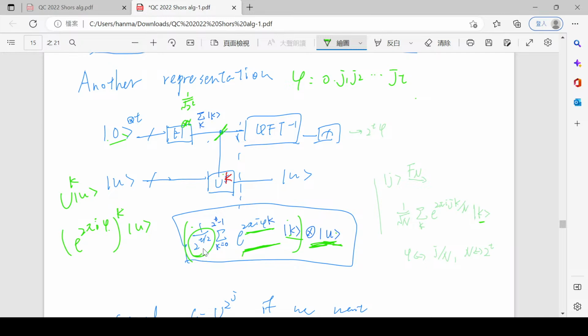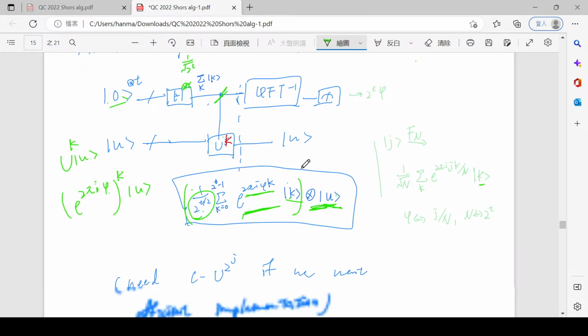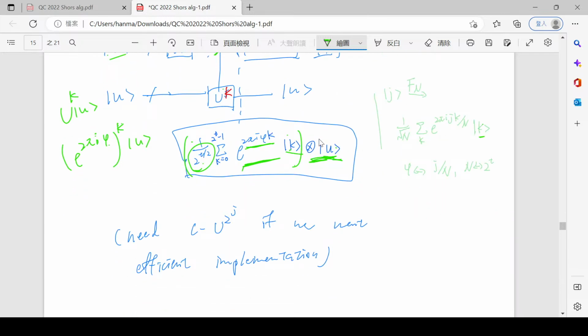You compare this thing and this thing, and you find out they are actually the same. Big N is 2 to the t, and comparing the two, you see everything fits. Then you have a phi here and a j over n here, so phi is actually just j over n.